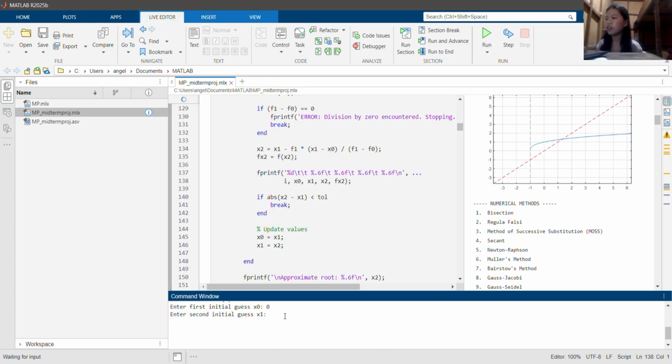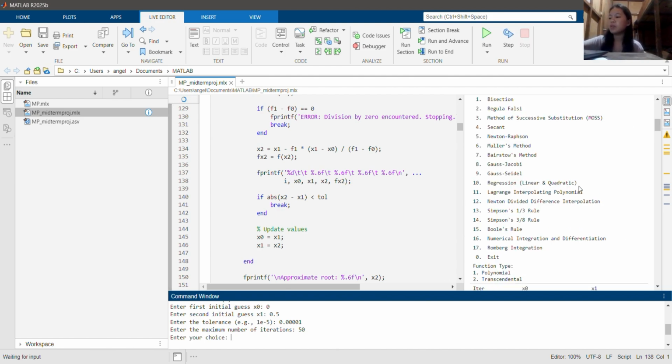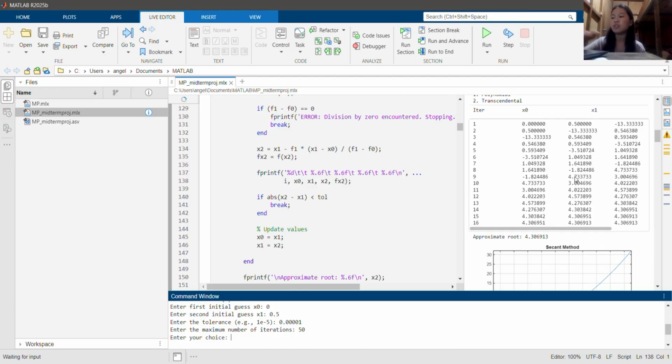We're going to enter our initial guess, which is 0, and our second initial guess, which is 0.5, and then our tolerance, which is 0.0001, and our maximum number of iterations, which is 50.